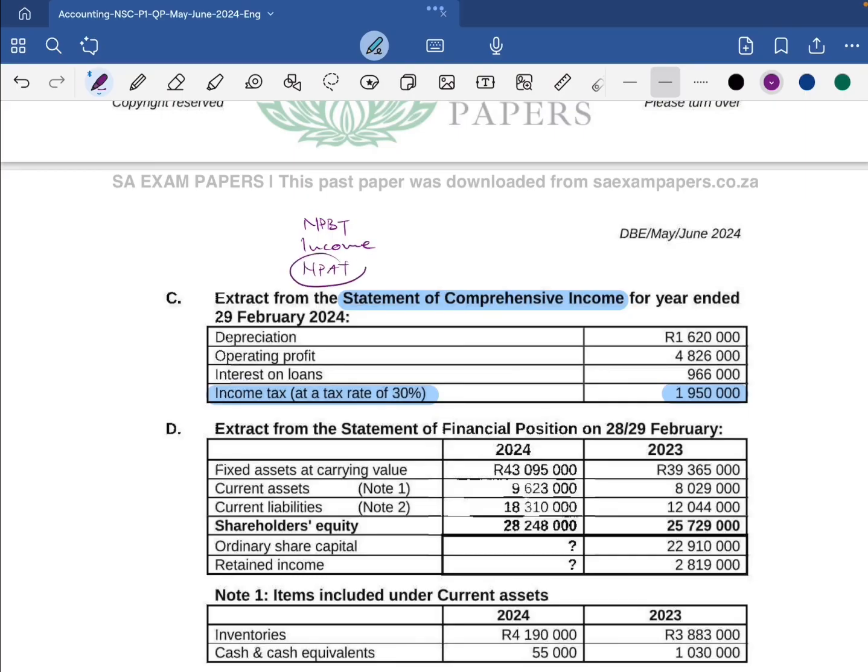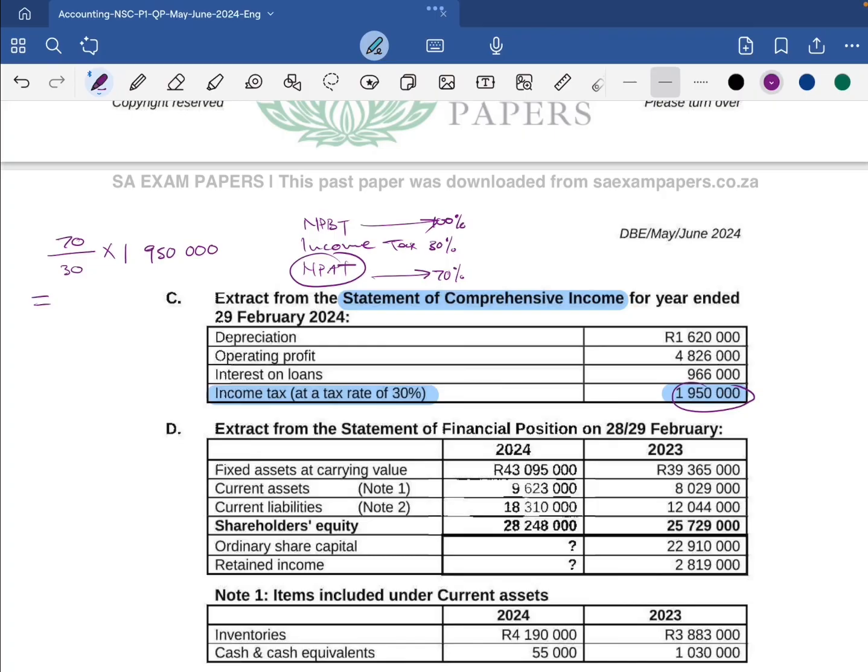So this is our end goal, but what we are given is our income tax at 30%. In this case, we know that this is 100, and then this is going to be 70%. So we're going to use what we want over what we know multiplied by the total income tax of 1,950,000.